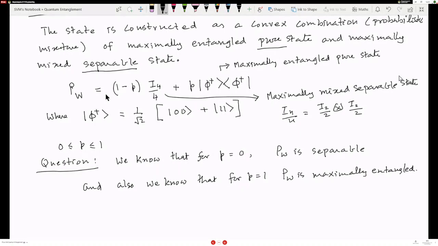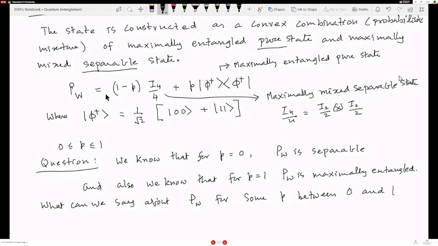Now, what can we say about rho W for some p between 0 and 1, other than 0 and 1, but between 0 and 1?